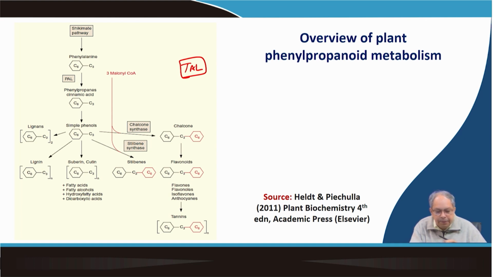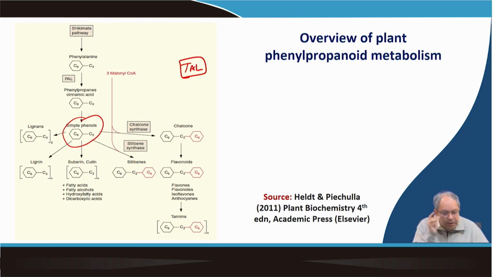Next, these simple cinnamic acids will be converted into other hydroxycinnamic acids, that is, cinnamic acid converted into para-coumaric acid, caffeic acid, ferulic acid, all these things. These are all C6C3 structures.